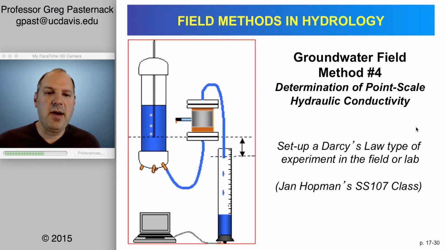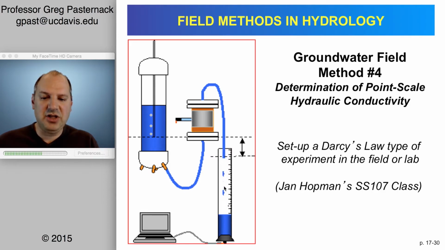Here's a simple experiment that you can do, pretty similar to Darcy's experiment, but done in a laboratory setting. So in this case, we're putting in a hydraulic head in the cylinder on the left, and we're actually introducing that into the bottom, and then we're allowing the water to run up through the top and down through.